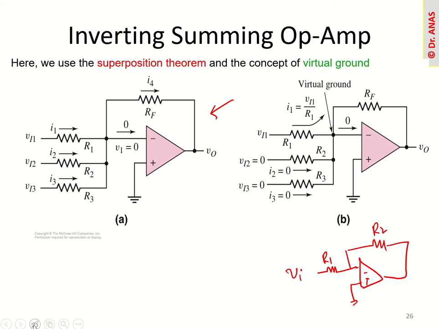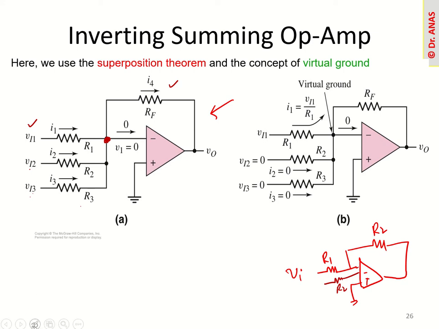This is our first input, this is our second input, and we add another resistance R2 here. Similarly for the third, we add another resistance and supply the input, and all combine at this inverting input. Then we have only one feedback resistance, and that's it.